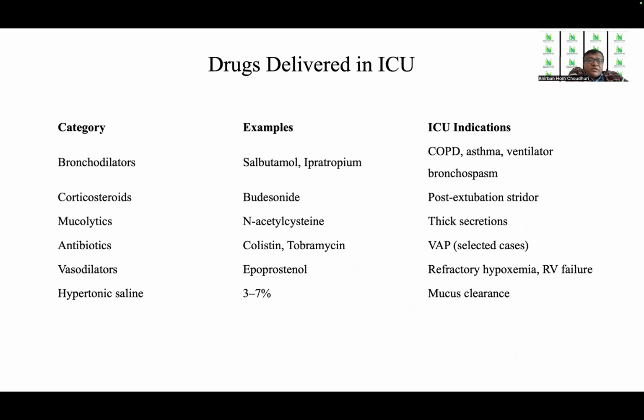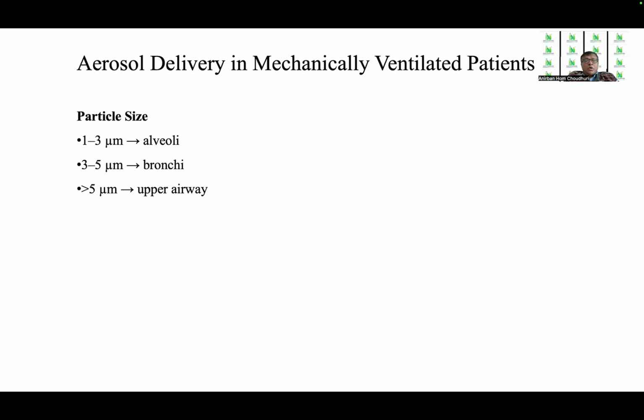Antibiotics like colistin, tobramycin in patients with VAP, in selected cases, although strong evidence is not there, but still many people use it, and conflicting reports exist on whether they give good results. Vasodilators like epoprostenol are used in refractory hypoxemia or in RV failure. Hypertonic saline 3 to 7% can be used with them to cause mucus clearance.